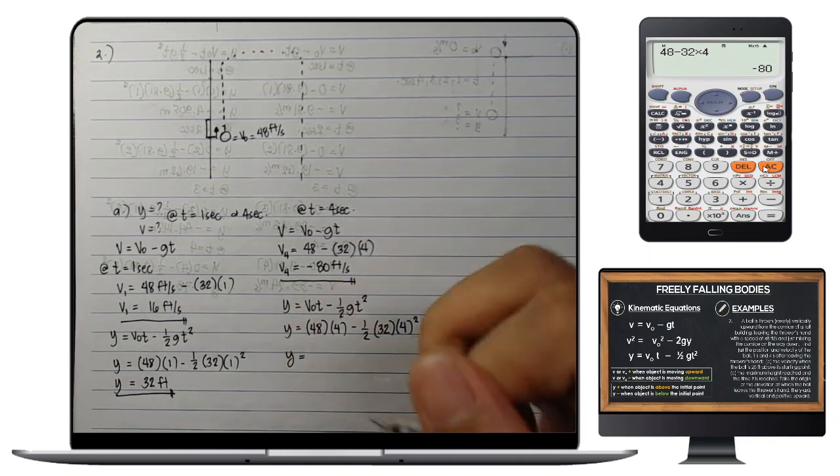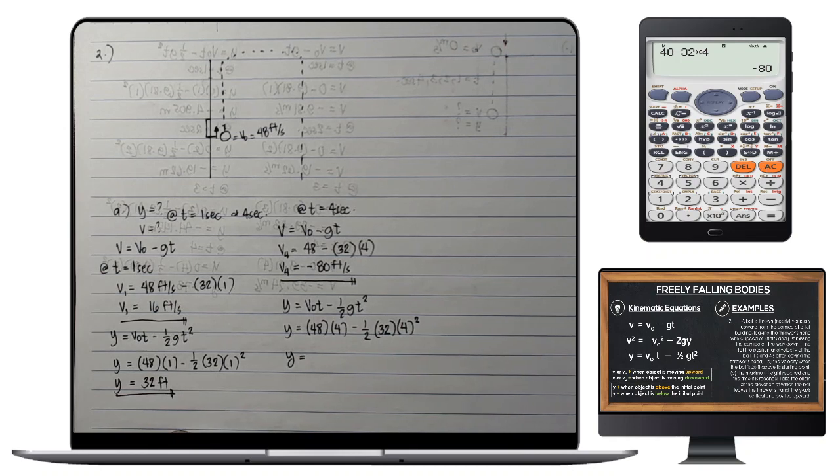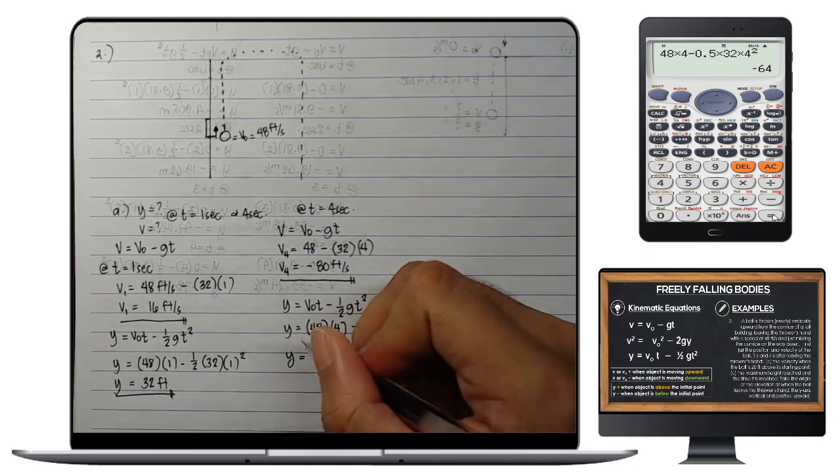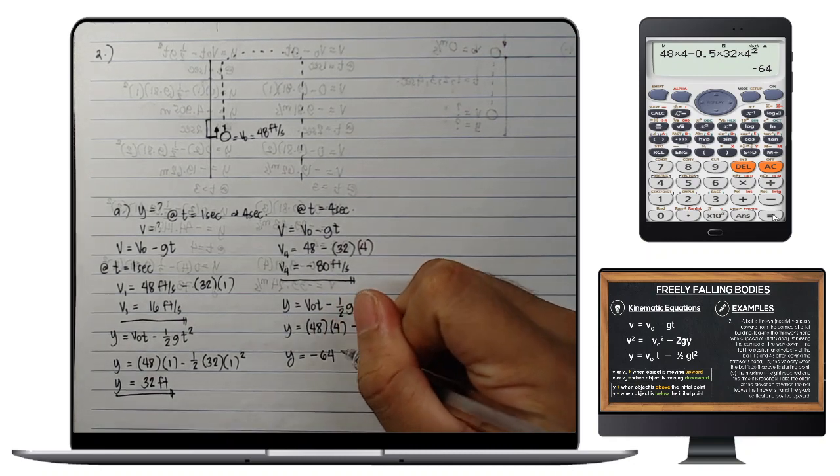So, y natin will be, substitute lang natin, that is v₀t. So 48 times 4 minus 1/2, 0.5 g, then t squared equals, so we have it as negative 64 feet.